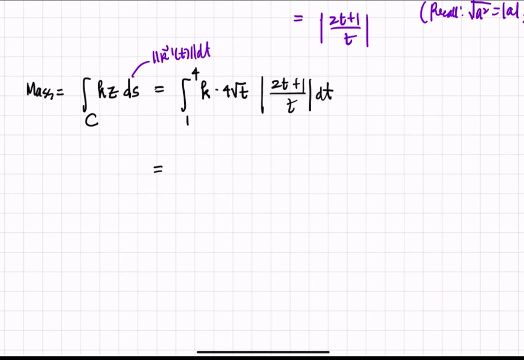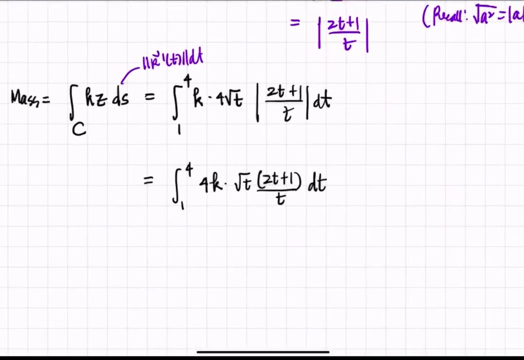So, you can get rid of that absolute value. So, the reason for this is since 2t plus 1 over t is positive for values of t from 1 to 4.